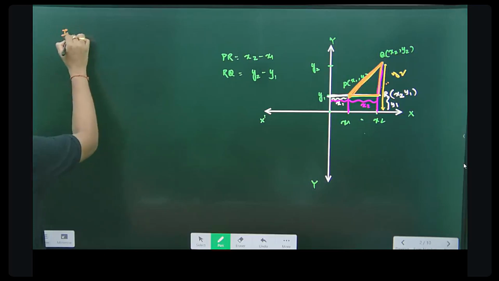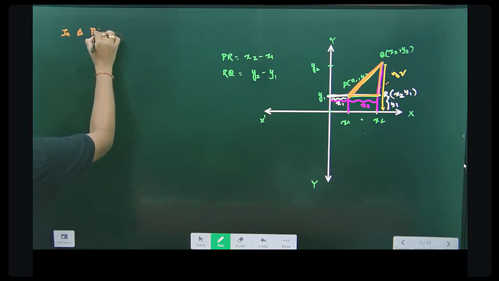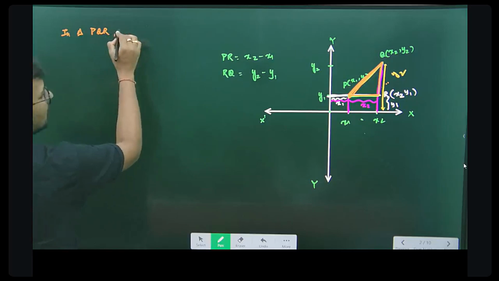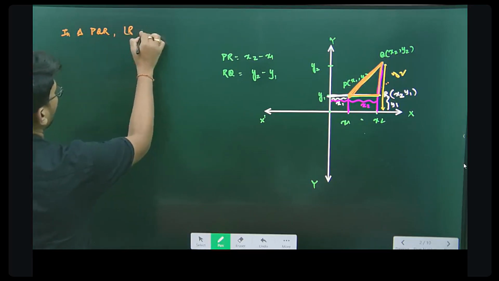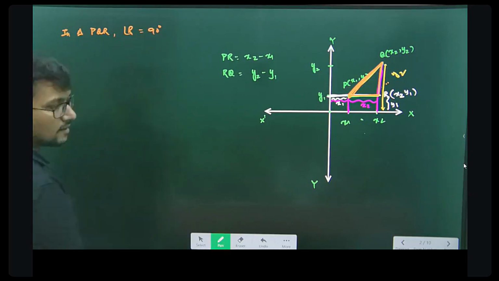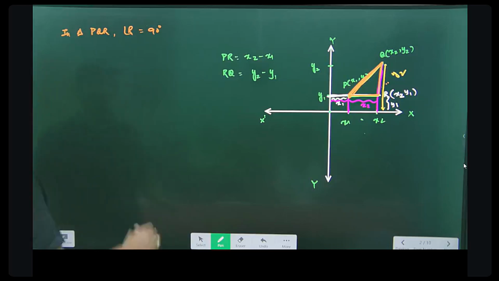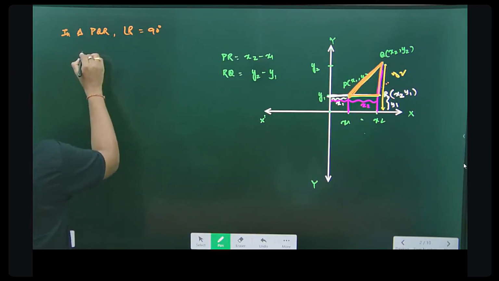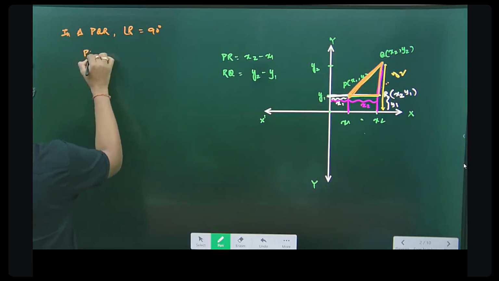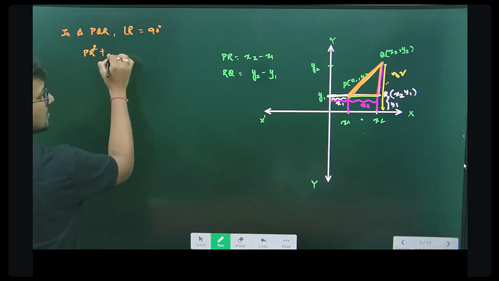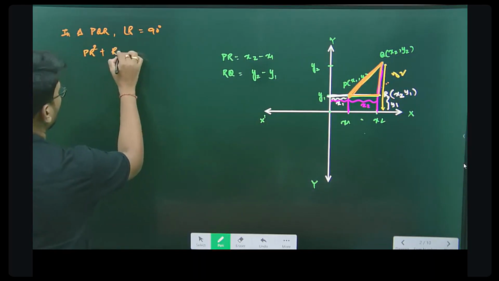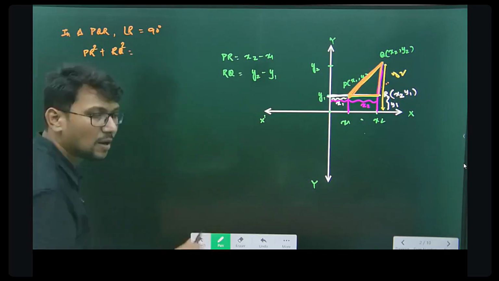In triangle PQR, you know angle R is how much, children? 90 degree. Yes or no? Therefore, PR square plus RQ square equals to how much?